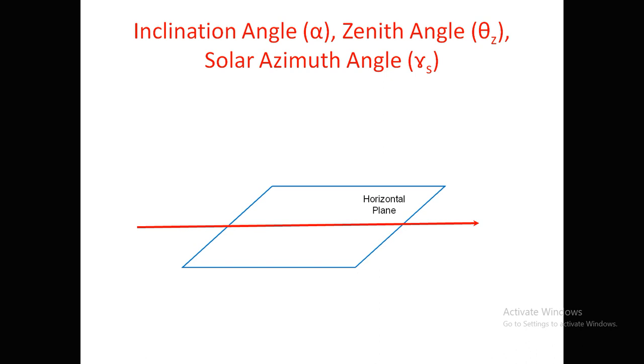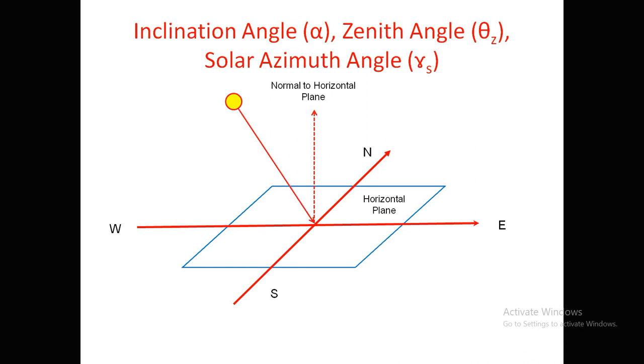So this plane is like this. Through this plane I need to observe east and west, and north and south. So these are east and west and north and south, and this is my normal to the horizontal plane, and this is my sun. From the sun to the point of observation, this is the point of observation.